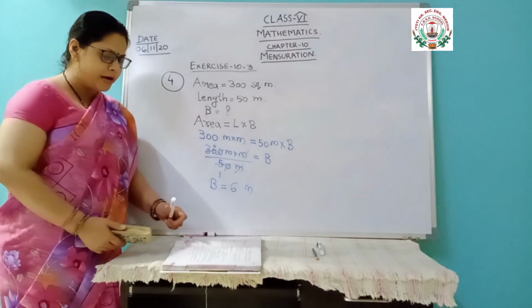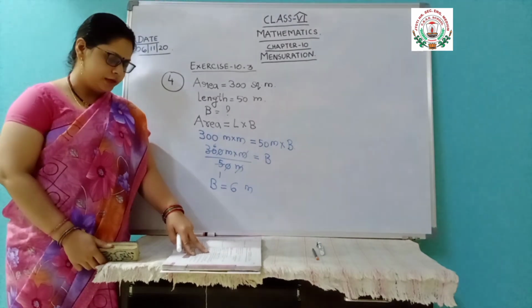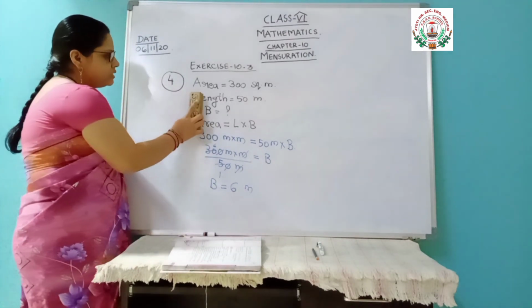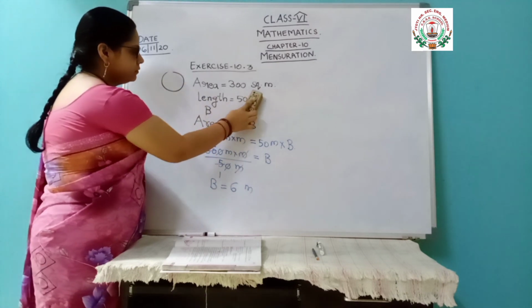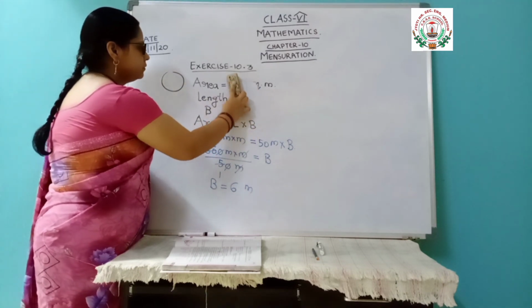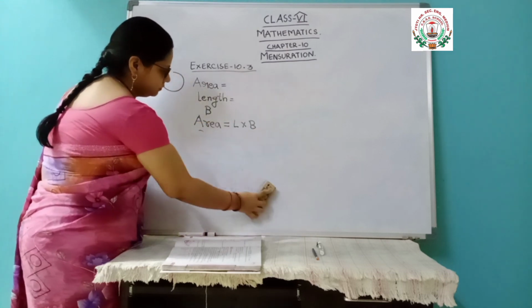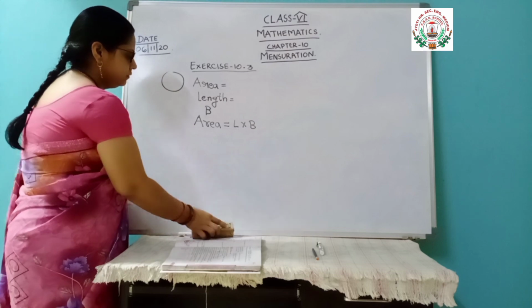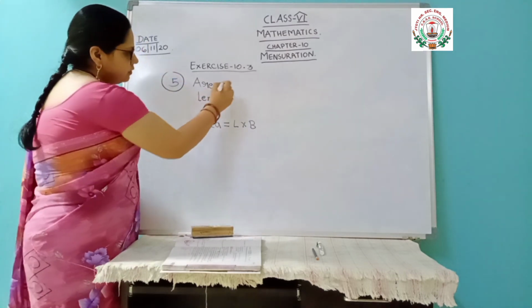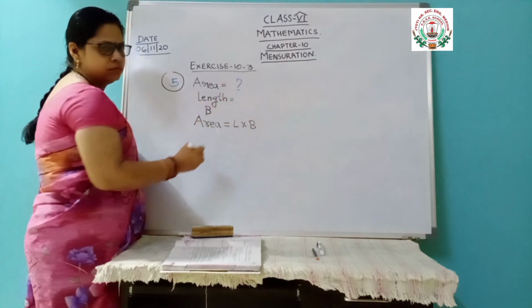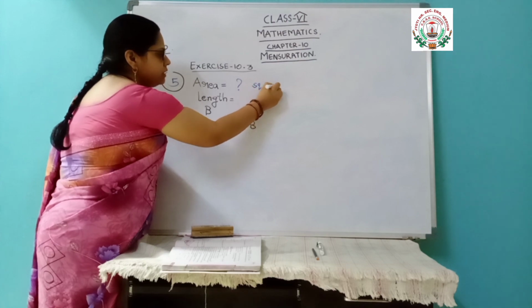So for per 100 square meter you will take rupees 8. Let us see how much area you are getting. It is question number 5. Area is unknown, and its unit is square meter.